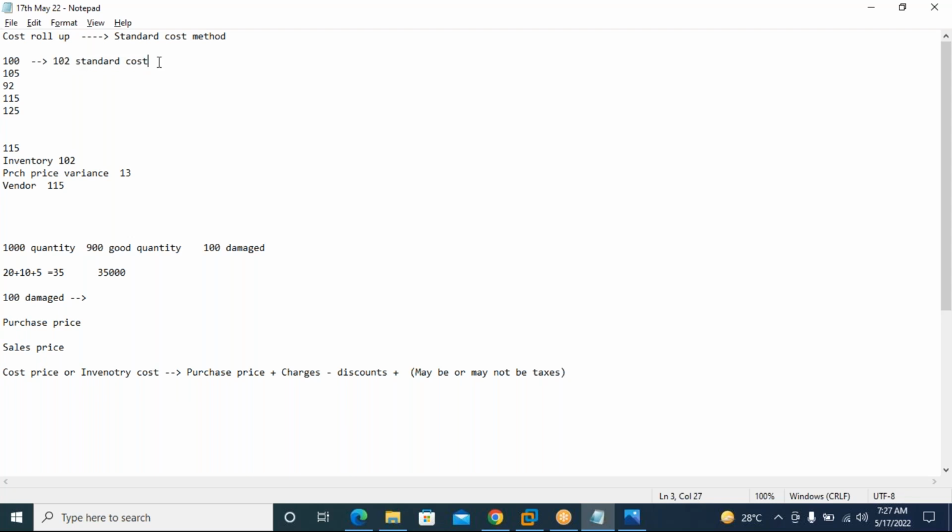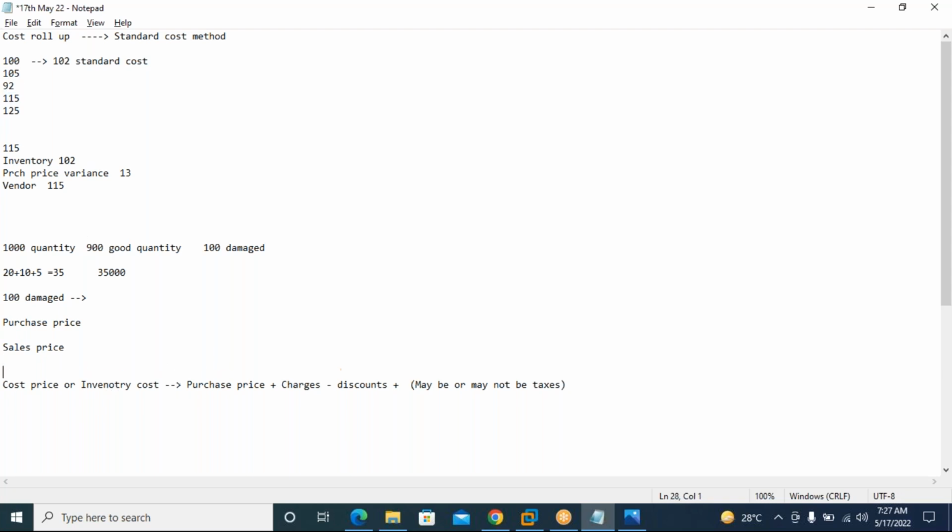See here, you are defining this is cost price. Sometimes, suppose the purchase price is 100. In your example here, purchase price is 100 and charges is 5 rupees and discount 2 rupees.